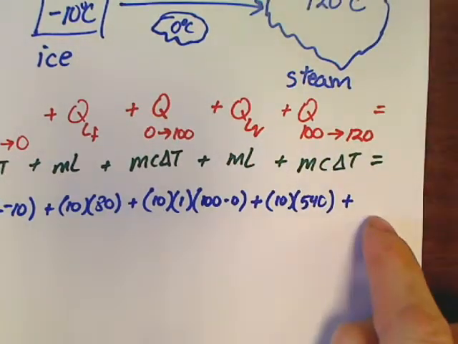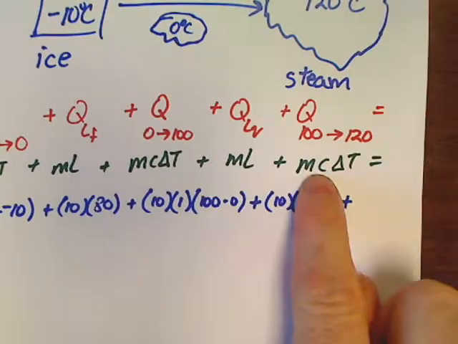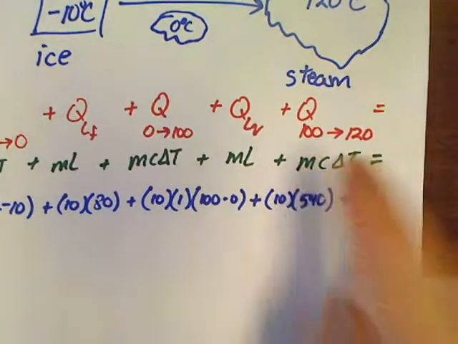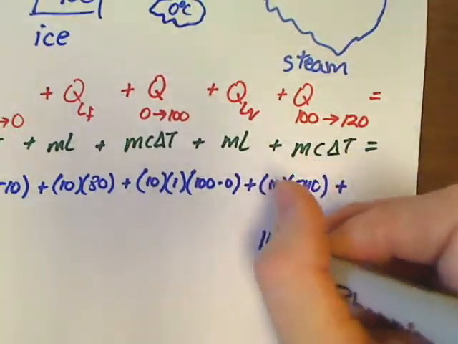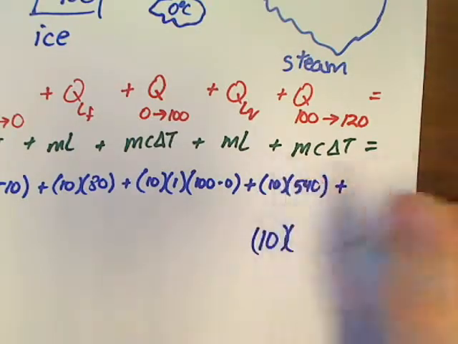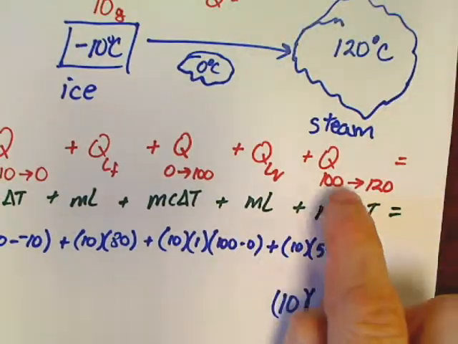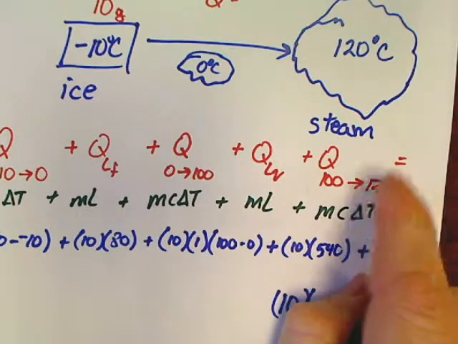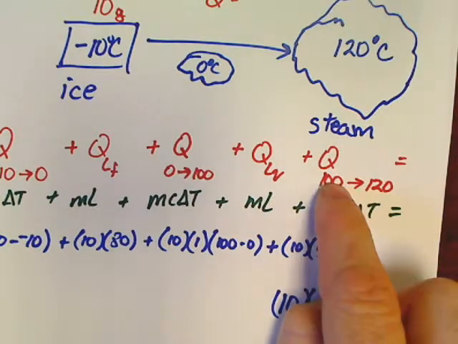Plus, I'm going to run out of room on my paper over here. I got one more MC delta T, plus same 10 times. Now here's the thing. 100 to 120 means I've already boiled the water, turned it into steam, and now I'm superheating the steam.